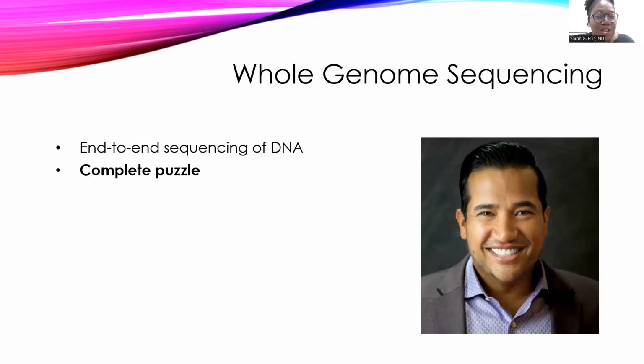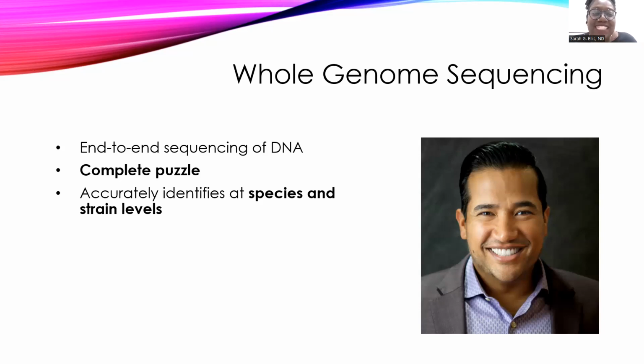So previously we saw those little pieces, we weren't exactly sure who it was, and it turns out it is our co-founder, Kiran Krishnan. In addition, it accurately identifies species at the species and strain level. And it also identifies bacteria, viruses, fungi, and protists.